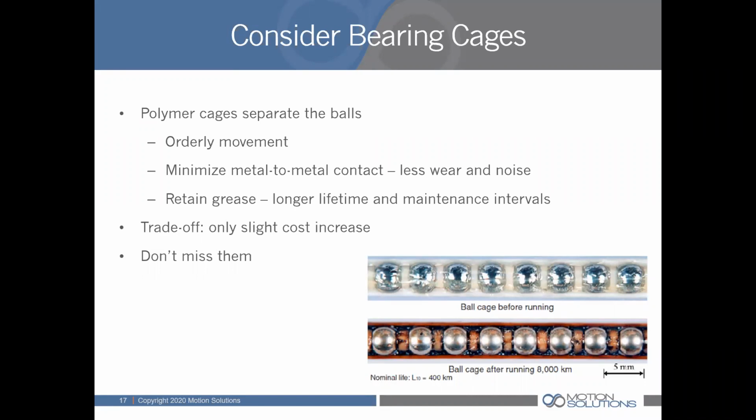Now with the cage ball, the cage is a polymer string, and it has a button that fits between each ball. It keeps the ball-to-ball friction, the balls from rubbing, but more importantly, it has a little pocket in there where it's holding some lubricant, some grease, and it greatly extends your lubrication interval.